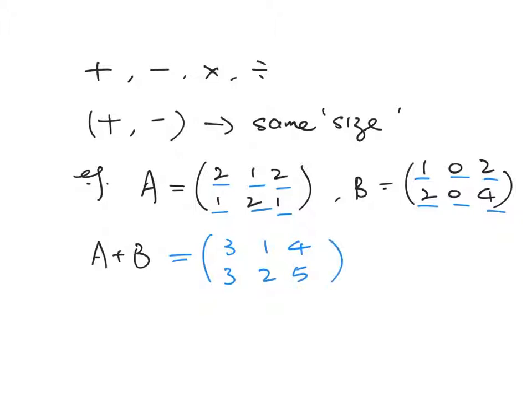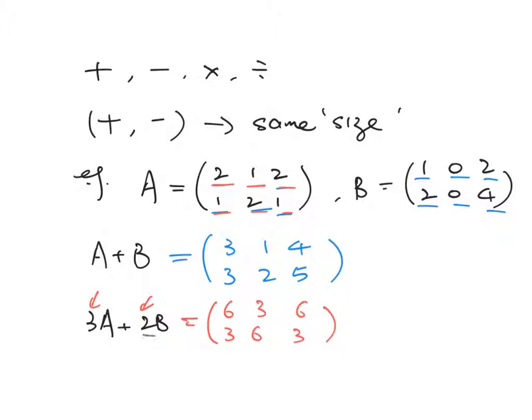So that's addition. Next we may also talk about multiplication, such as 3A plus 2B. This is called scalar multiplication because we are multiplying by a 3. When we multiply 3 with a matrix, it means you need to multiply 3 into all the numbers. So that's why it comes to 6, 3, 6, 3, 6, 3.